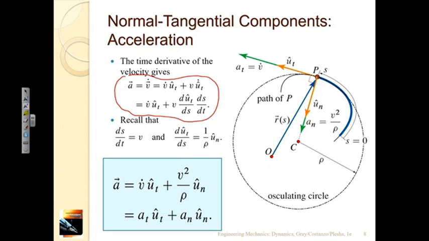So the time derivative of my tangential direction is v over rho times my normal direction. And then my acceleration, we can rewrite as v dot in the tangential direction plus, I've got one v and another v, those guys become v squared over rho, u hat n.